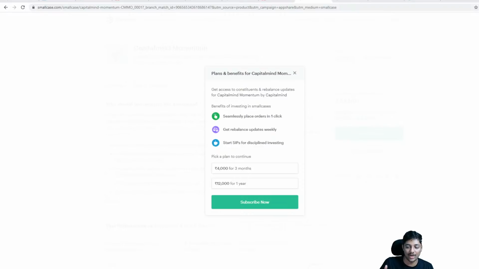Even if you make 10% profit, you will make 50,000. You need to make just 2 or 3% profit to clear your account. So I would say, if you're investing more than 2 lakhs, paid small cases make sense for CapitalMind.